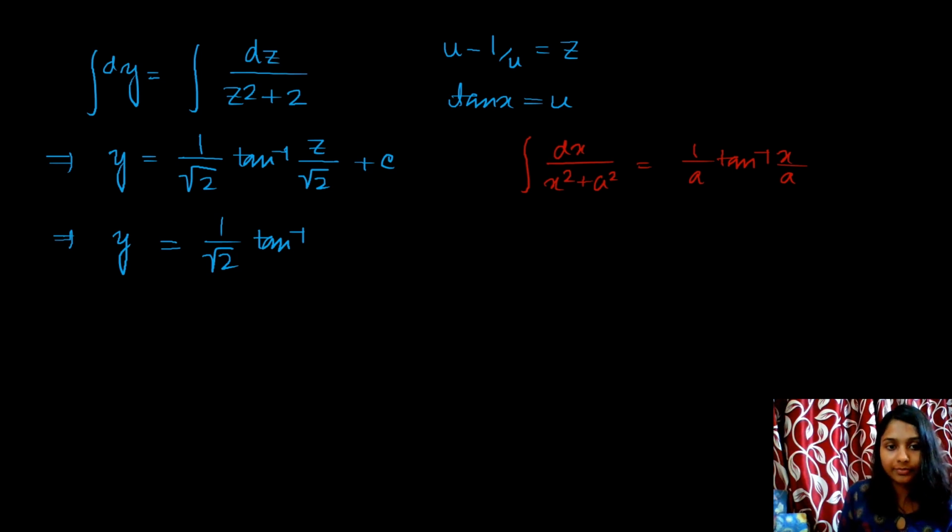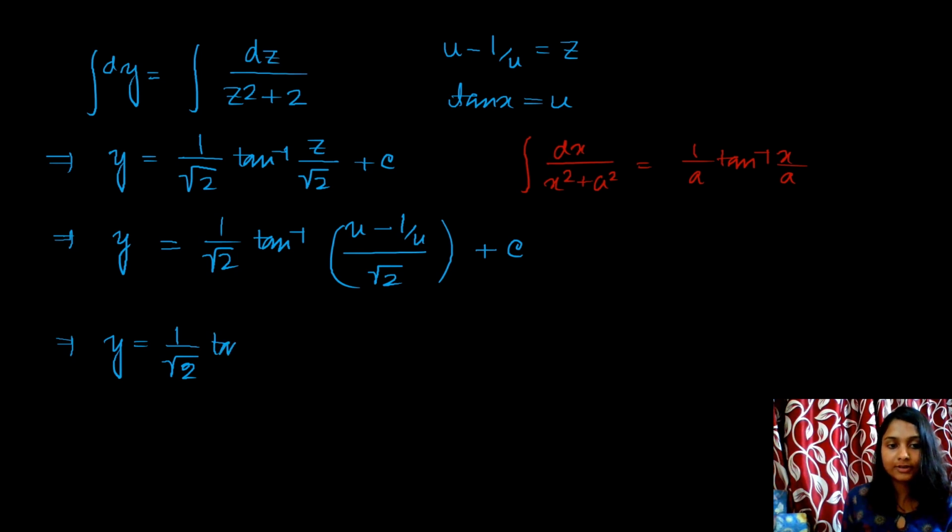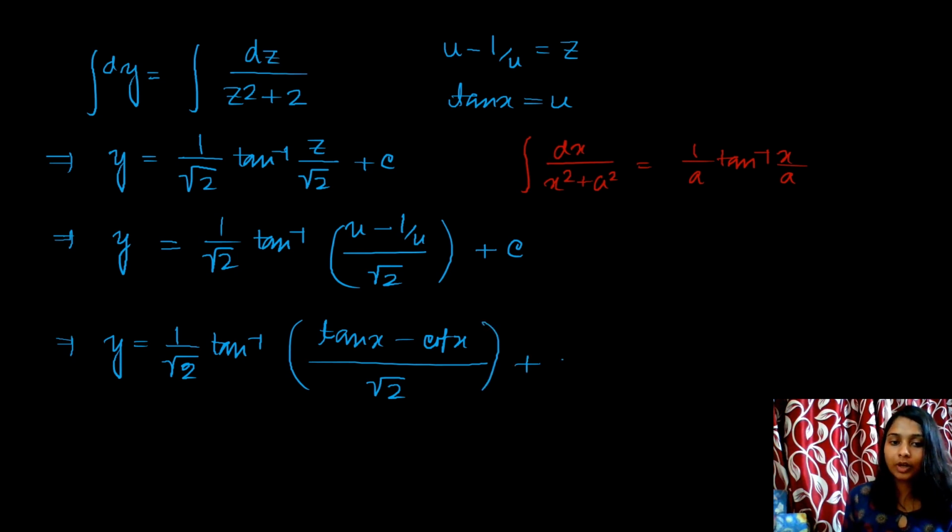It will give 1 by root 2 tan inverse of u minus 1 by u divided by root 2, plus c, and again u equals tan x, it will give y equals 1 by root 2 tan inverse of tan x minus cot x divided by root 2, plus c. So this is the solution of the differential equation.